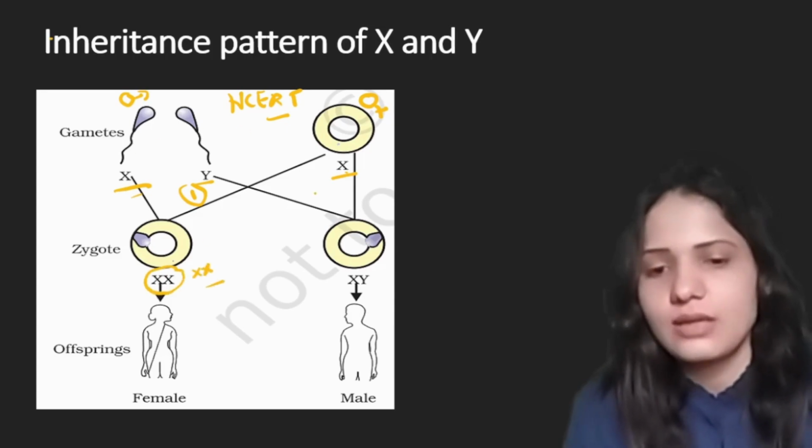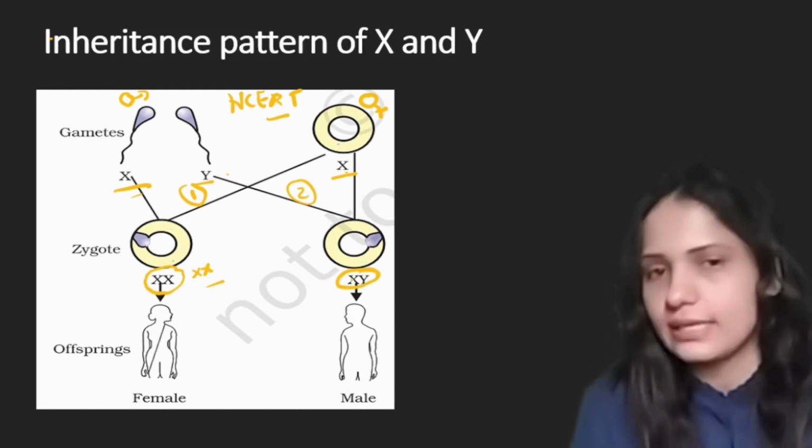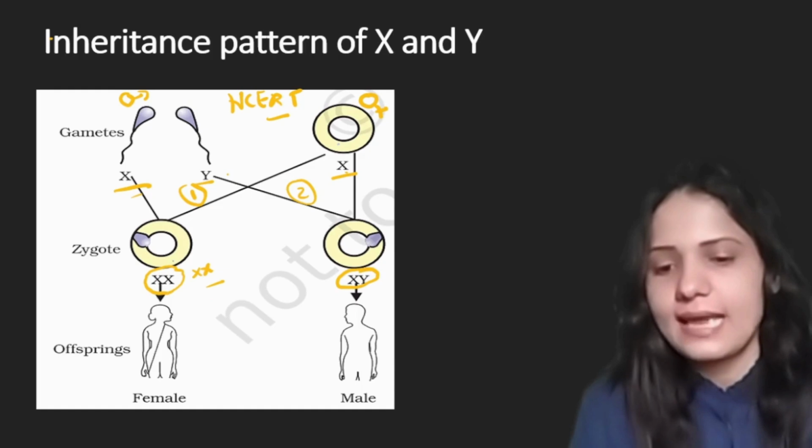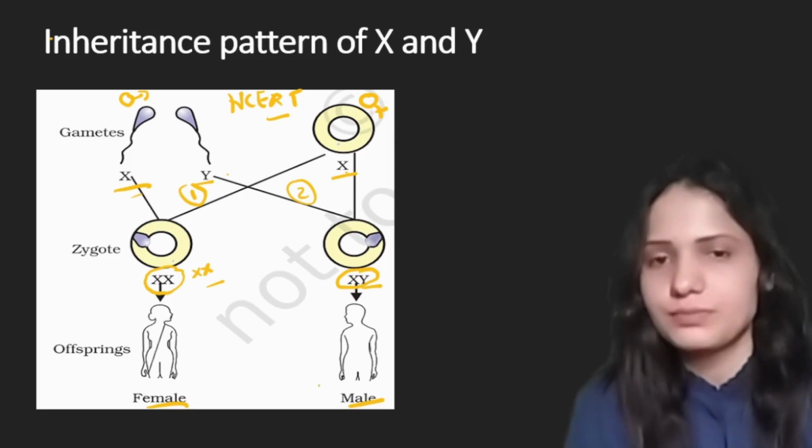And in case number 2 we have this Y, and this Y will combine with X and lead to the formation of XY zygote. Now, this XX will give rise to female offspring, and this XY will result in male offspring.